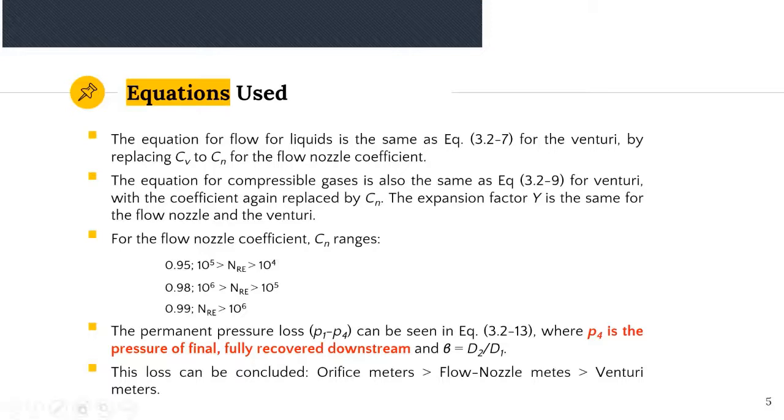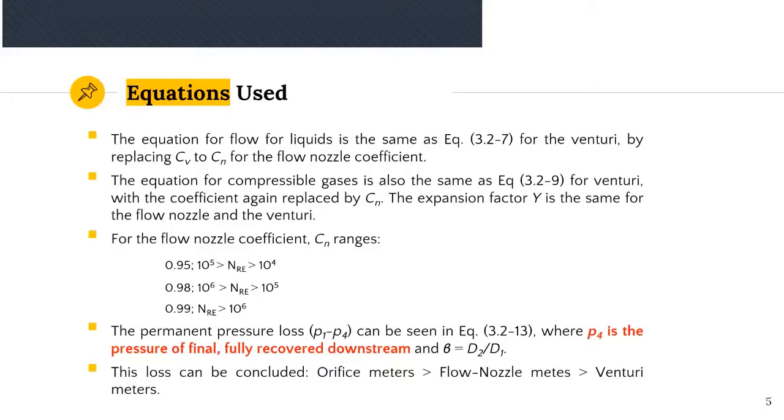Now, if we want to sort the pressure loss, because the principles of orifice, flow nozzle meters, and venturi meters are quite similar to each other, the pressure loss between those three is different, as previously mentioned in the video.